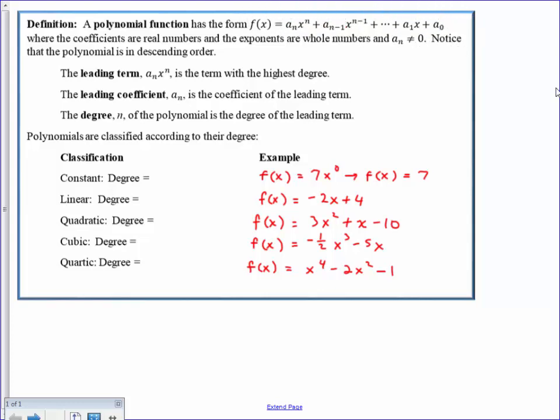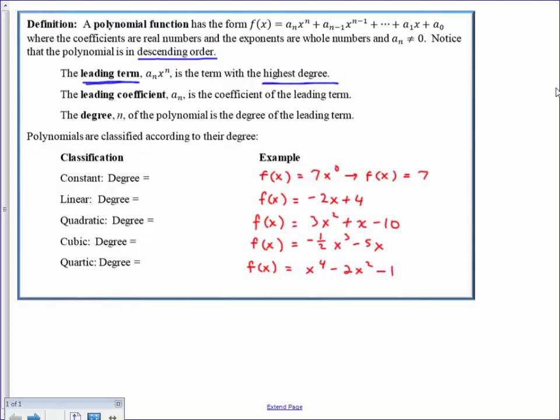Okay, now, one important thing about polynomial functions is that for many problems, it is important for us to write them in descending order. Descending order means that you write the term that has the largest power first and then go down from there, second largest, third largest, and so forth. The leading term of a polynomial is defined to be the term with the highest power or the highest degree.